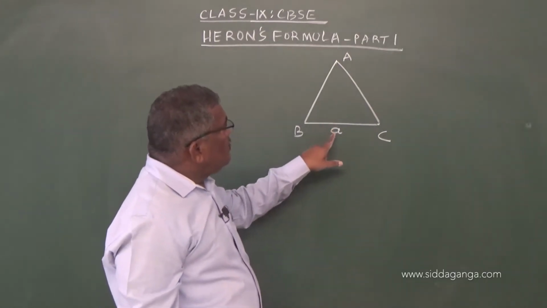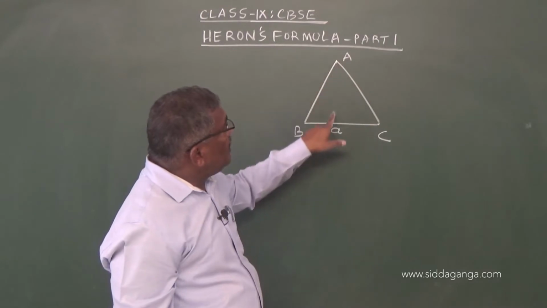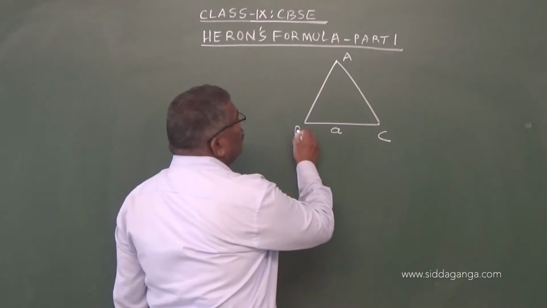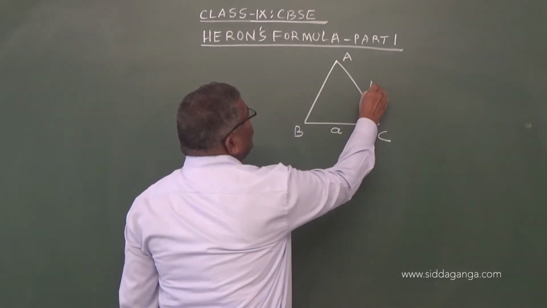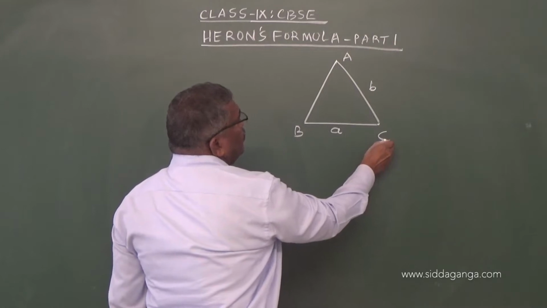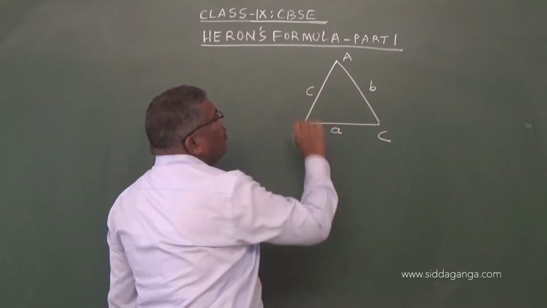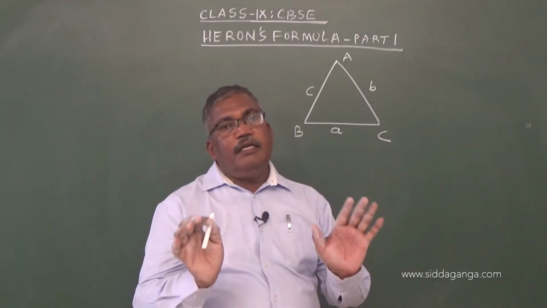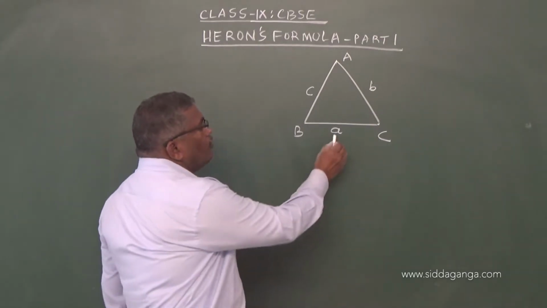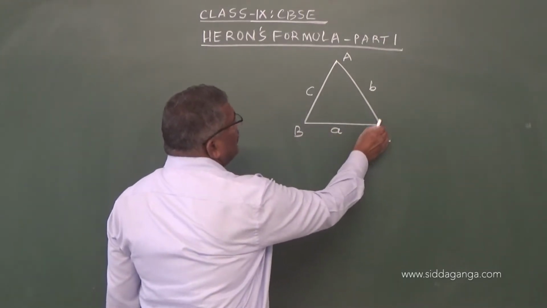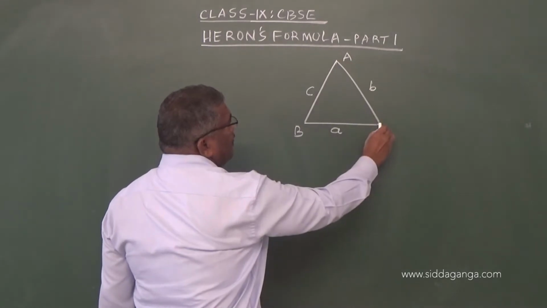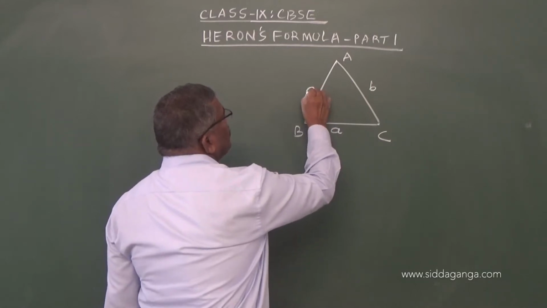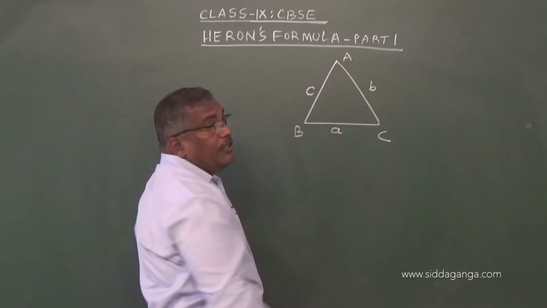Similarly, the side opposite to vertex B is denoted by small b, and opposite to vertex C is denoted by small c. This is the naming of the sides, the nomenclature. Small a represents BC, small b represents AC, and small c represents AB.